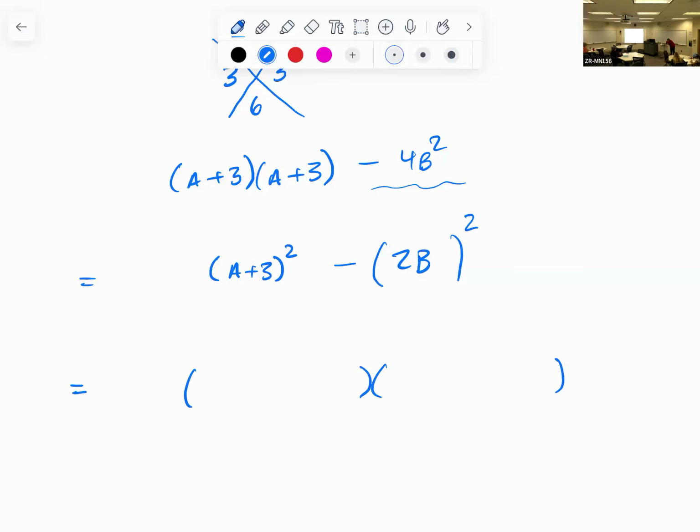It's just a big difference of squares, but one has a positive, one has a negative. We identify our terms as the first term and the second term. The first term just happens to have two pieces. So what's the first term? A plus 3. What's the second term? 2b.